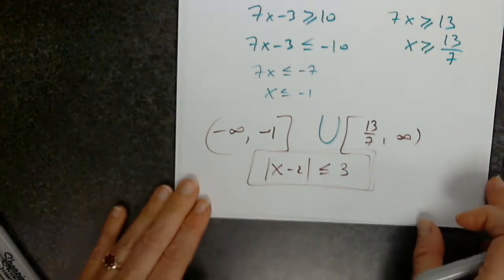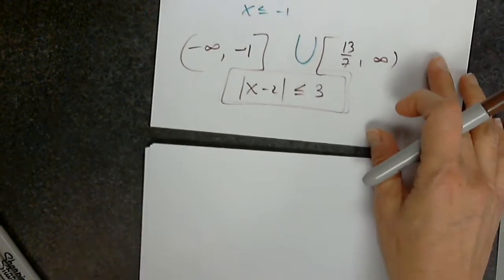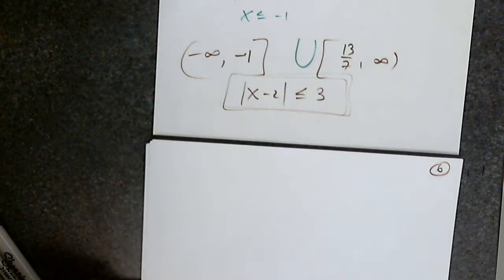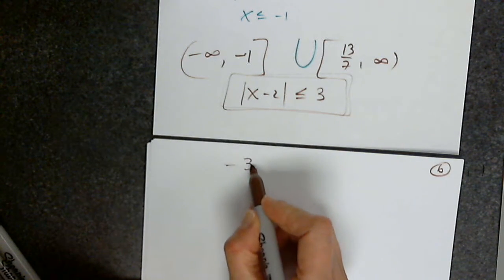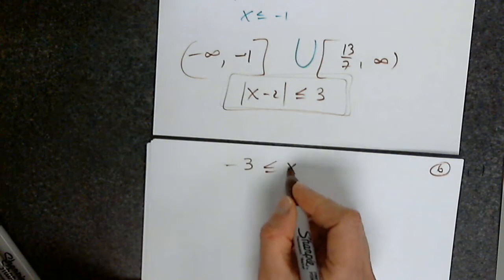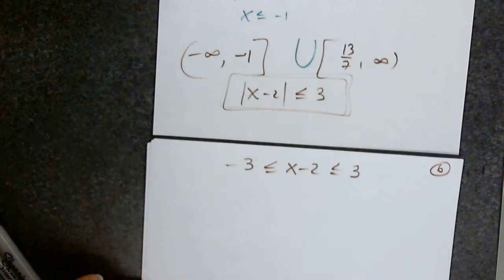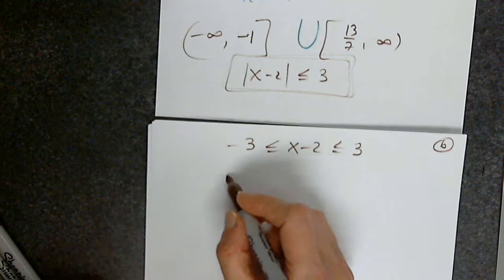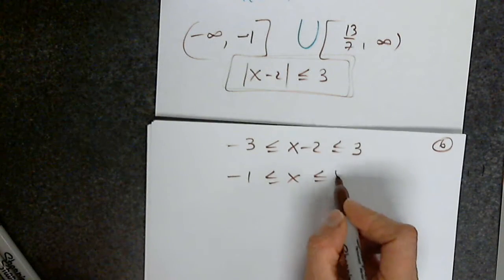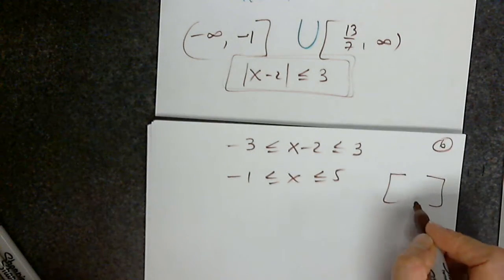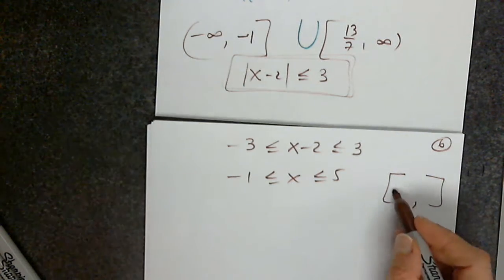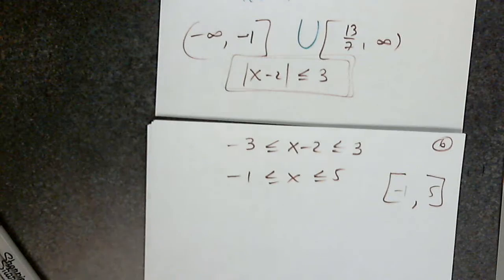So negative 3 less than or equal to x minus 2 less than or equal to 3. The only thing that we need to do here is add 2. Negative 1 less than or equal to x less than or equal to 5. So the interval notation, this is easy. I don't have to use the union. It's right there in front of me. Negative 1 comma 5.